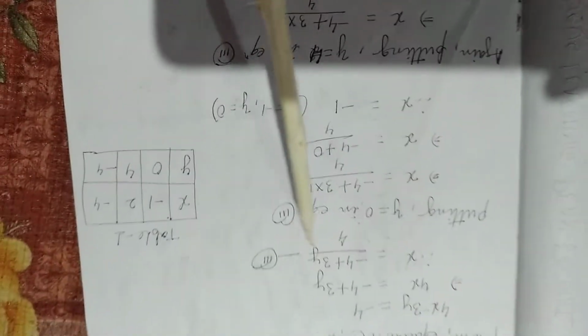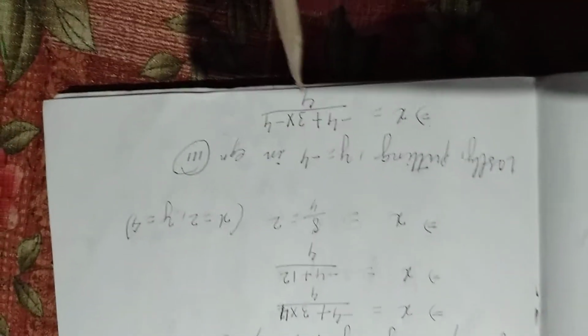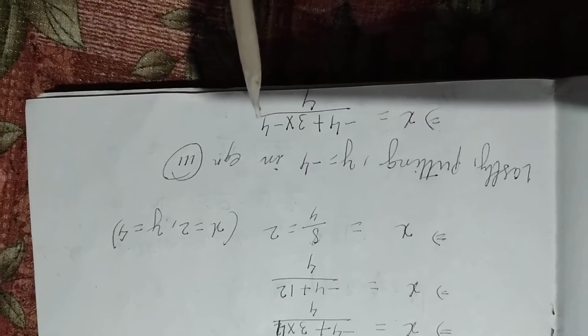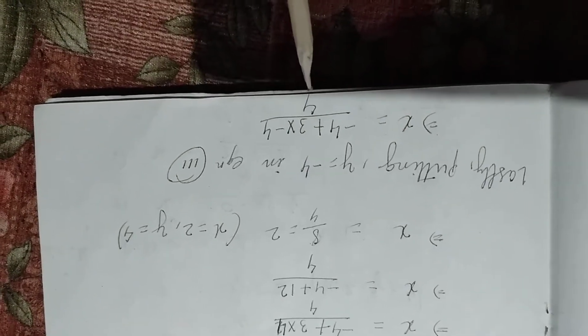What was our equation 3? This. So in place of y now I will put minus 4. So 3 into minus 4 divided by 4. 3 into 4 will be 12. Okay, check again. 3 into 4 is 12, plus into minus is minus.